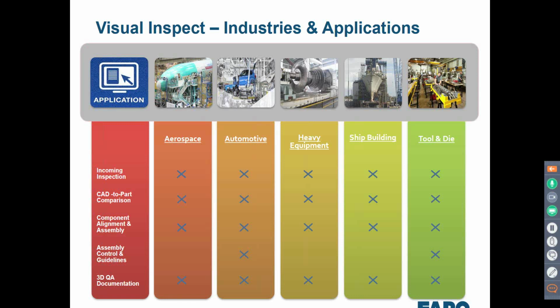So truly, you could see that not only is it incoming inspection, either pushed out to your suppliers and/or in your facility, but also CAD to part, or basically the as-built to the CAD model comparison, component alignment and assembly support, assembly control and guidelines, and then obviously documentation, as we said, both in your plant and across your organization. So I would really say that we have X's across all of these applications in each of these market segments.